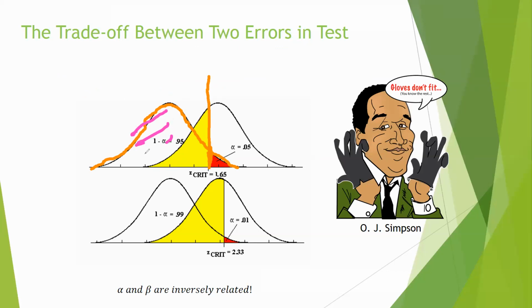Anything on this side will support the null hypothesis, so we're going to accept it. If any value goes beyond this cutoff, we're going to reject the null hypothesis. Does that make sense? Okay.